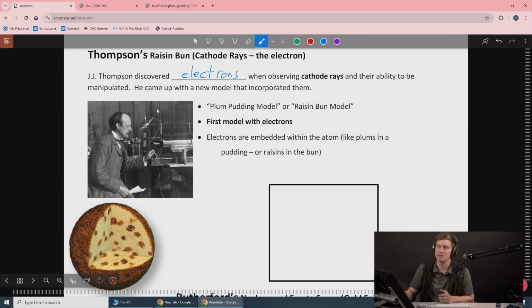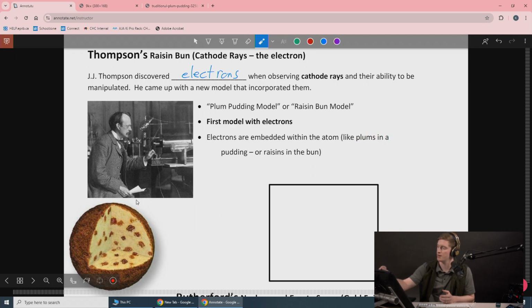He theorized that the material that makes up that cathode ray is even lighter and smaller than an actual atom, and it can be manipulated based on charge. This is where we're going to bring in the idea of positive charges and negative charges. So Thompson has the first model of an atom with electrons, and he thought that electrons are embedded within the atom like plums in a pudding or raisins in a bun.